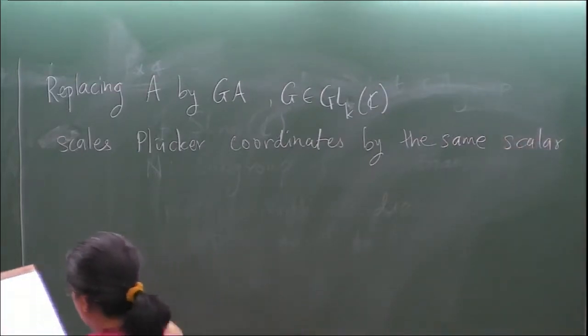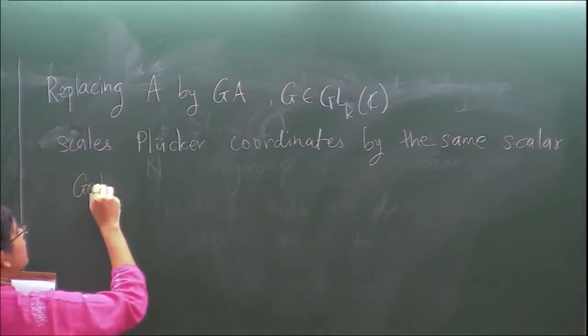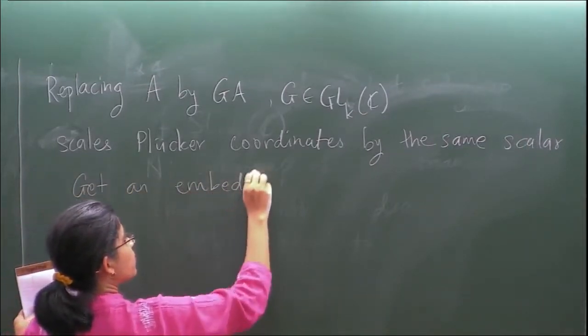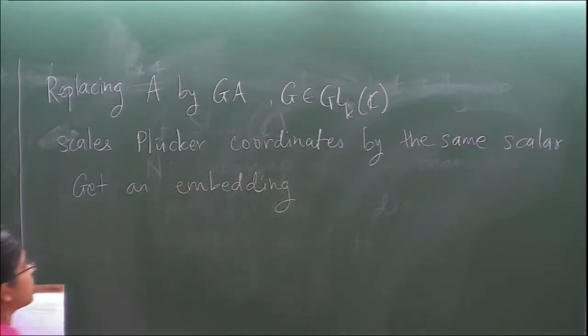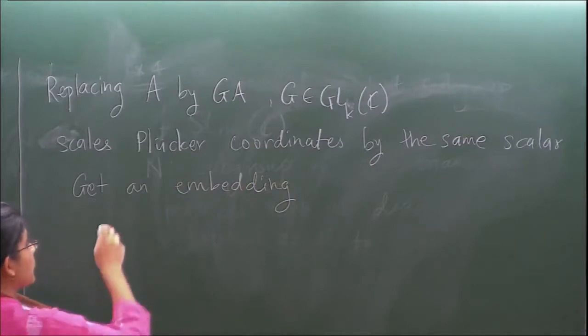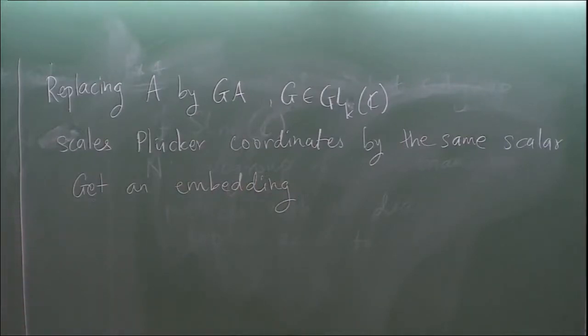And hence, we get a map from, so let's see, I want to call Gr(k,n) as X instead of writing Gr(k,n).